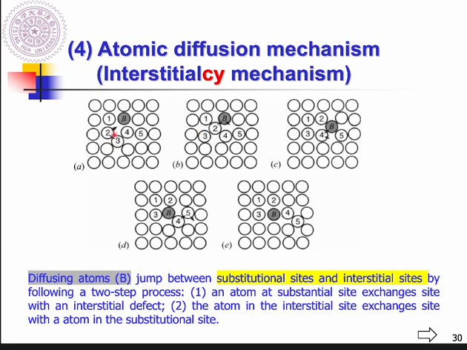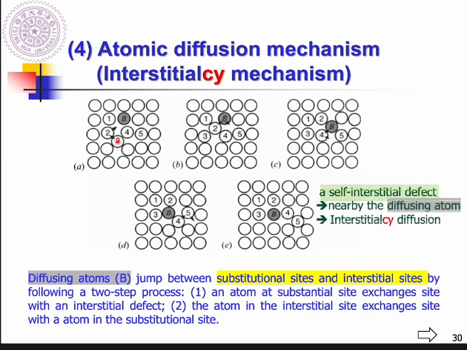In figure A it is number 3, here it will be number 2, and figure C will be B. So always there's a host atom located in the interstitial site.